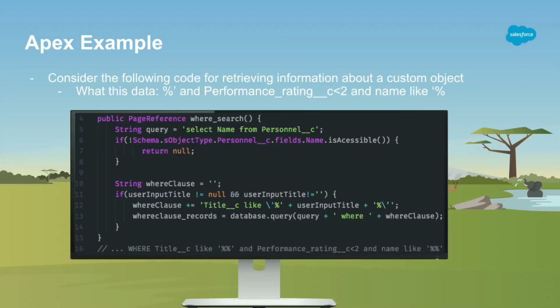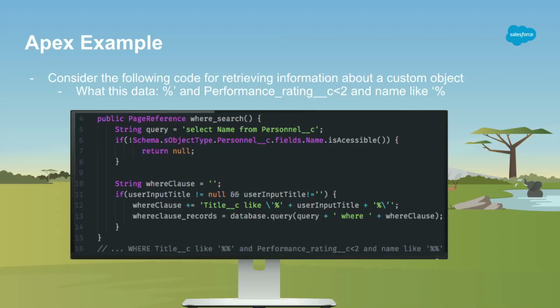In this example, we've got this Apex class, and we've got this method, where search. We're effectively allowing the user to input somewhere in the application this user input title that you see on line 11. We start on line 5 by building up that query. Basically, we want to pull back all the names from this personnel object.